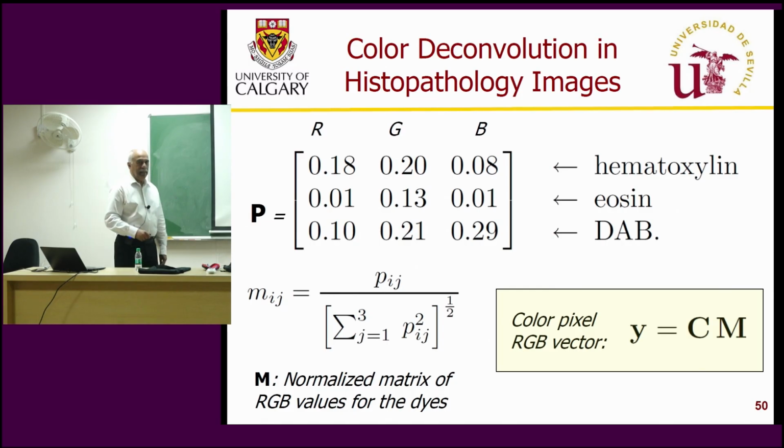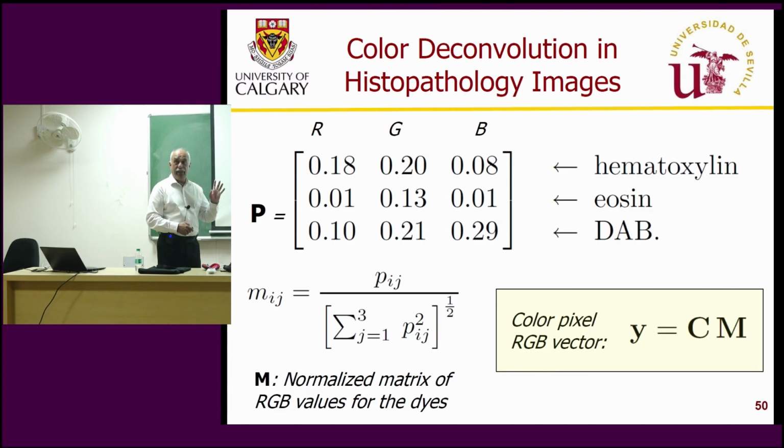And then for a pixel in the color image of that tissue, every part of the tissue will take up a combination of these. Some will take more of hematoxylin, some will take more of the eosin, and so on. But there'll be some mix. So for a pixel Pij, it's normalized, Pij over the square root of the sum of the squares. The color pixel RGB, it's not the whole image, but 1 pixel.